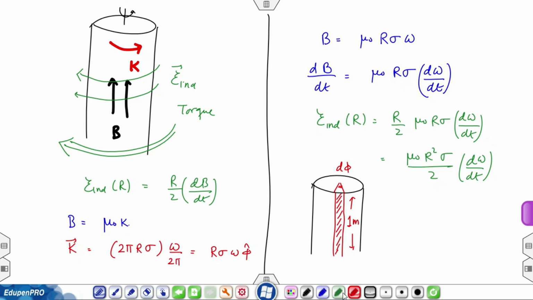The force due to E induced on this strip is going to be in the minus phi direction, and the force is going to be the charge on the strip, which is d phi times sigma, multiplied by mu naught r square sigma over 2 d omega/dt.